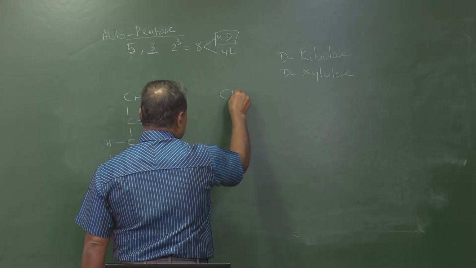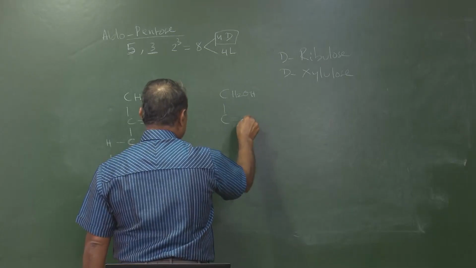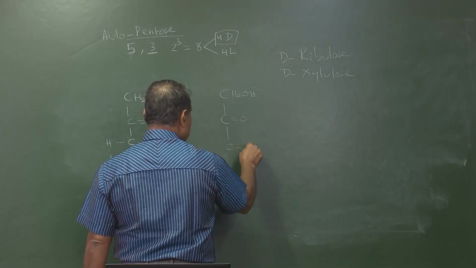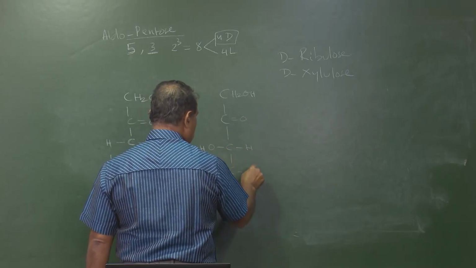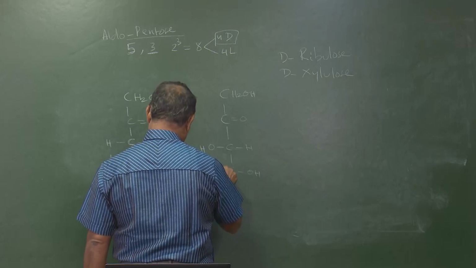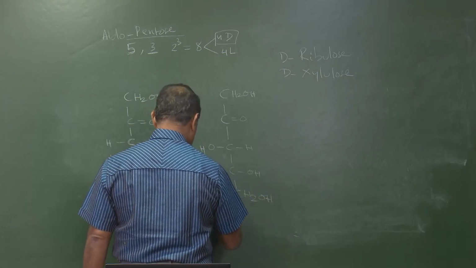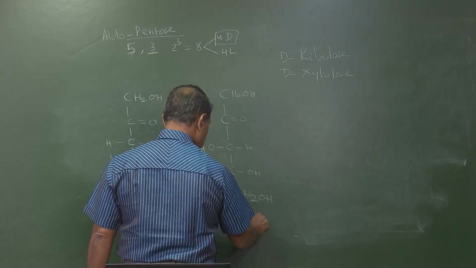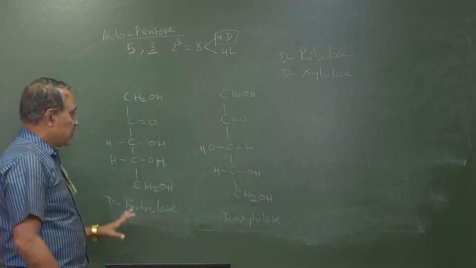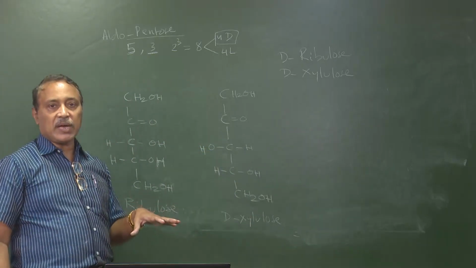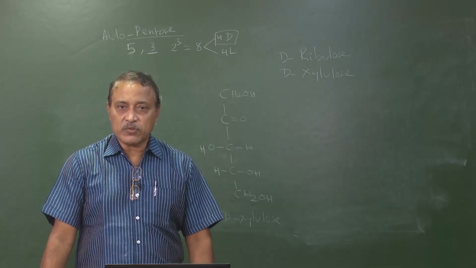Then D-xylulose: CH2OH, we started it like this, C double bond O, then CHOH, COH and H, CH2OH. This is your D-xylulose. So this is all about the pentoses, and we will stop here for today.